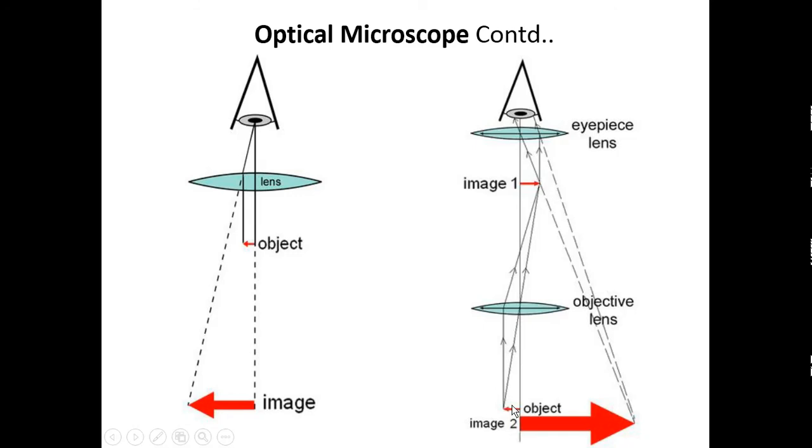So a big magnified view of the image is formed. The image is a larger, virtual image that we can see here. So here we get the image of this particular object in a very large and enlarged way. Okay, so this is the compound microscope that I have shown you now.